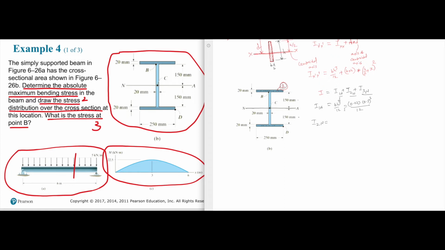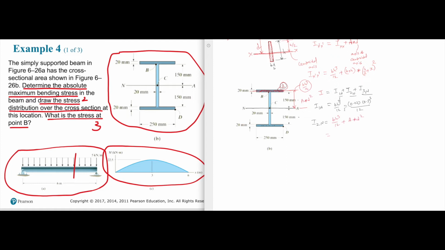So tell me, what is the moment of inertia of the second shape with respect to its own centroidal axis? How much is that? It's going to be bh cube over 12. To that, you have to add the area of the element times the square of the distance between the centroid and the neutral axis. So it is bh cube over 12 plus area times d square.